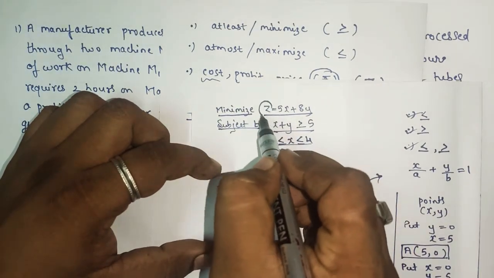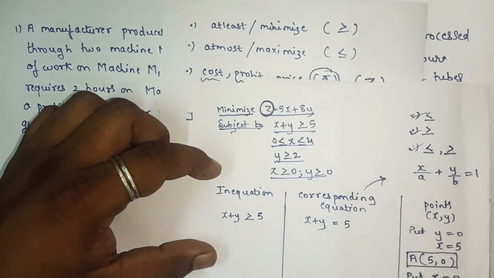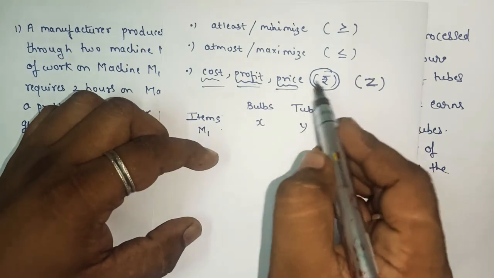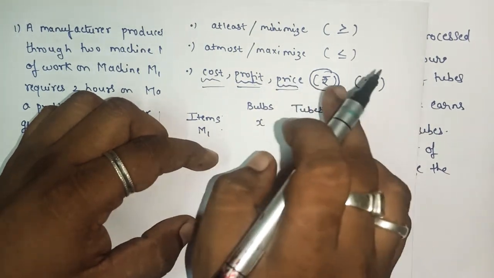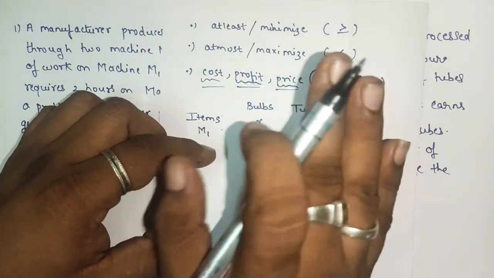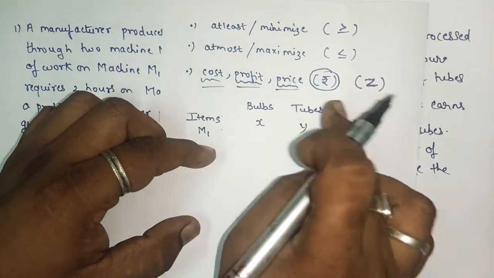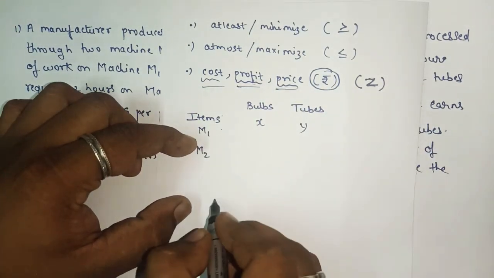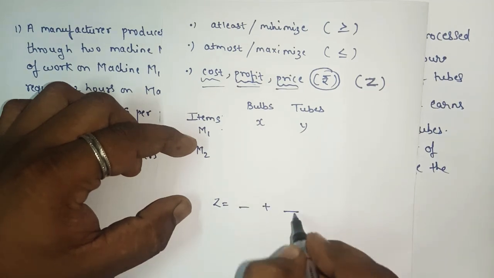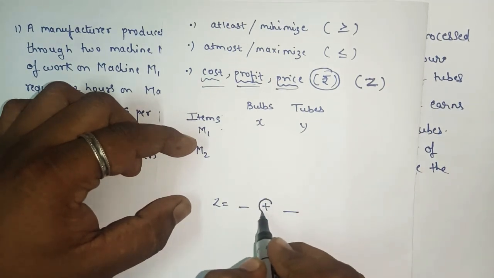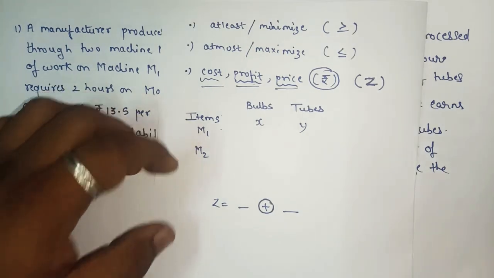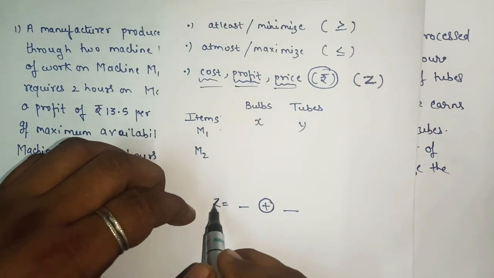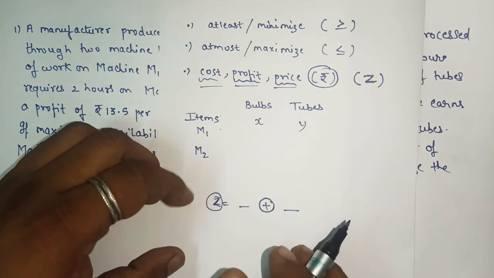So I'm showing the technique of how to frame this Z. Whenever you see the words cost, profit, price, or rupees in the statement, look at that statement, and from it you will get the value of Z equals so-and-so. In between you will always write plus only. Why plus? Because Z indicates cost, profit and price.